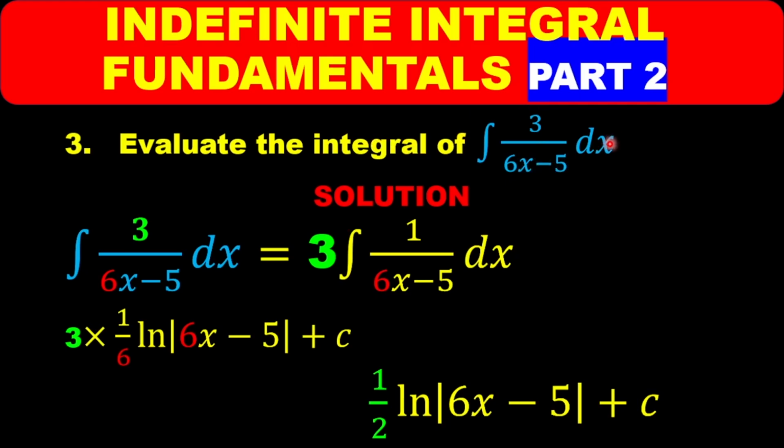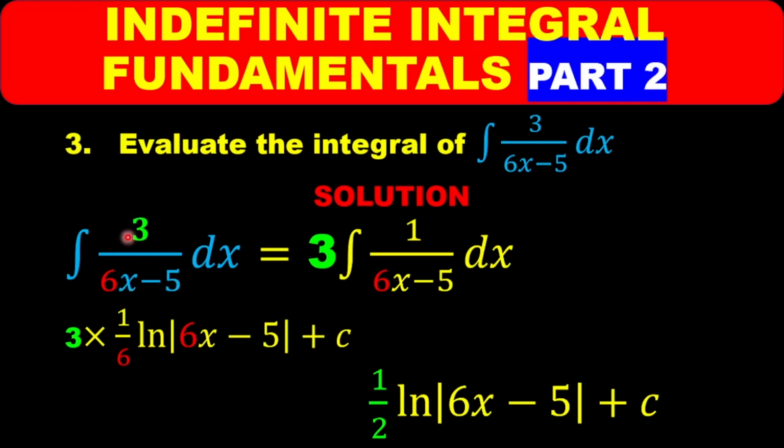Now, if you have paid attention to what we have done, the standard integral says that the top must always be 1. And so how do we ensure that this becomes 1? We can do so by factorizing the 3 outside the integral sign. So when you come to this side, I have the integral of 3, this time 3 is in green for a specific reason, divided by 6x minus 5 dx.